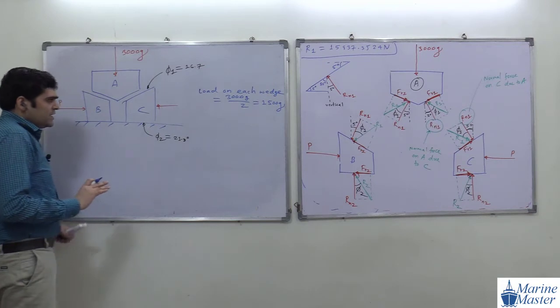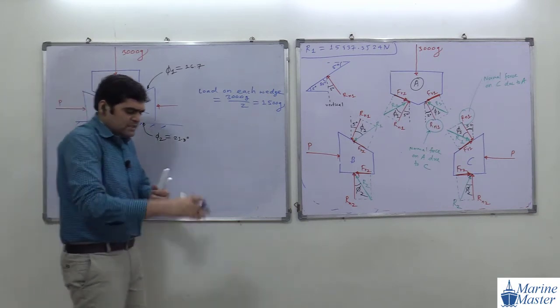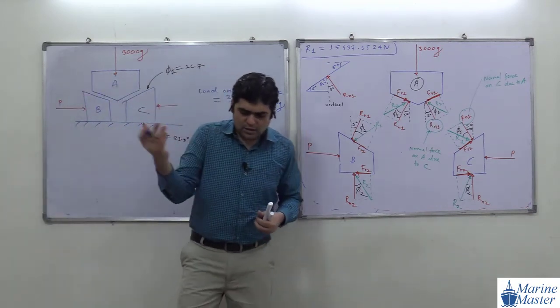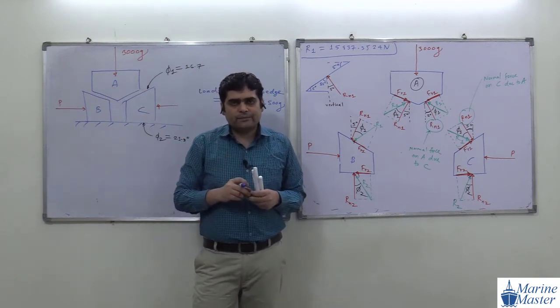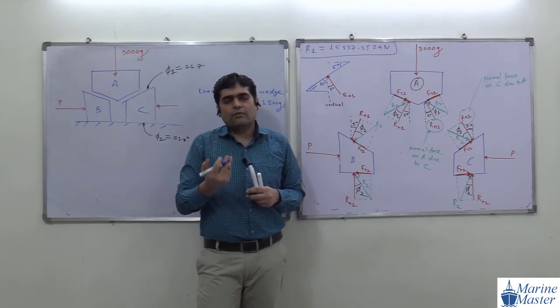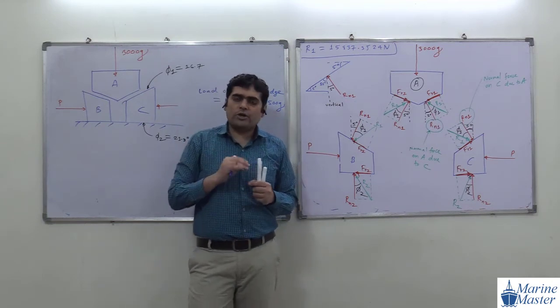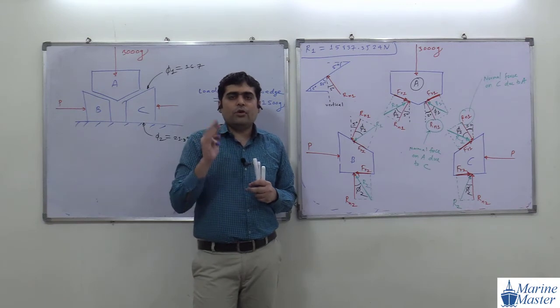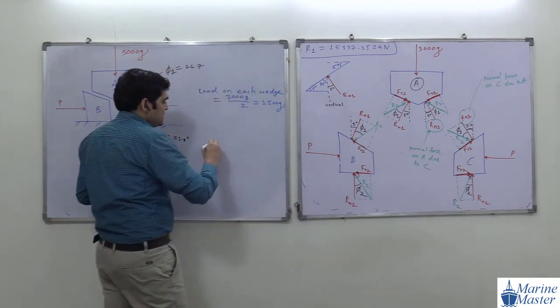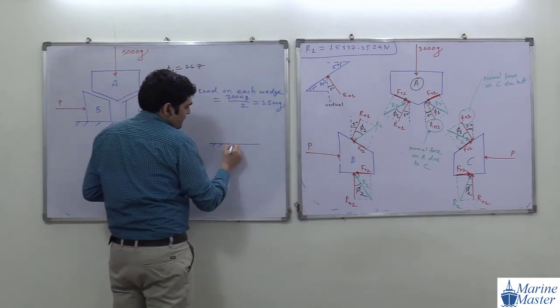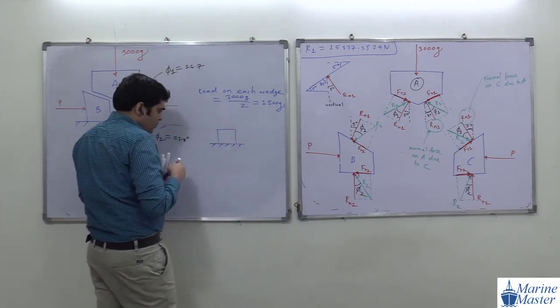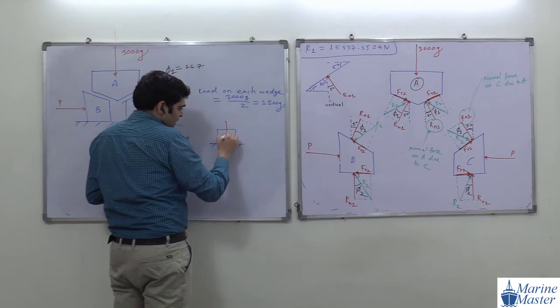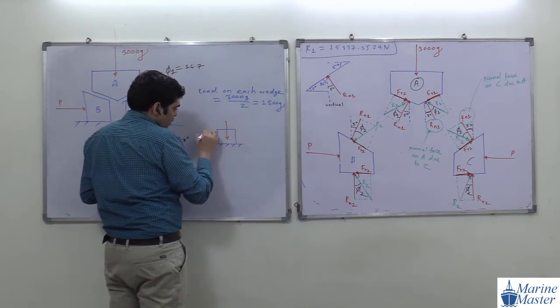Now, in yesterday's lecture we have seen different cases of horizontal force. Just a revision. Suppose this is a block whose weight is mg, and we are applying a horizontal force.